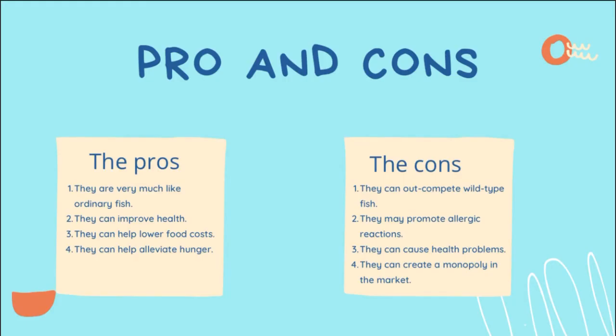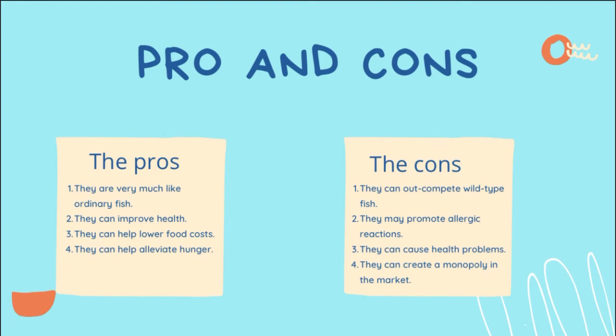So let's find out about the advantages and disadvantages of using the transgenic process. First, the advantages are they are very much like ordinary fish. There are no significant biological differences apart from the fact that they have a different number of genes. Second, they can improve health.